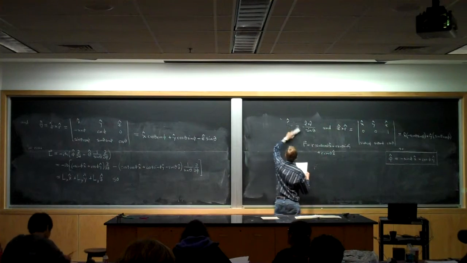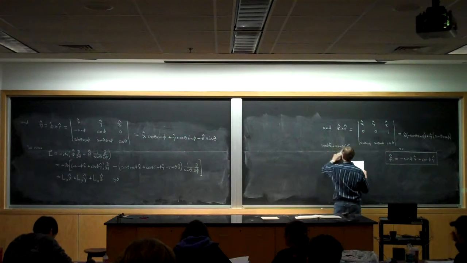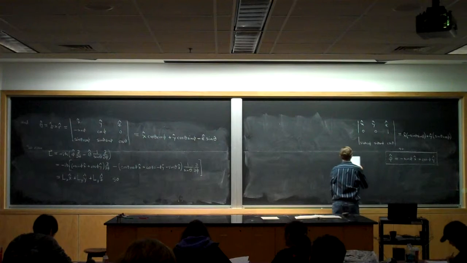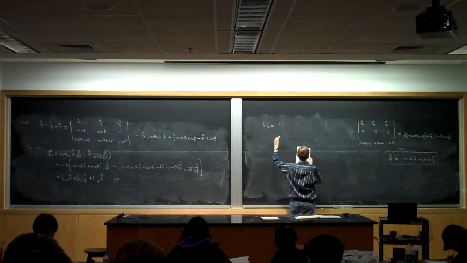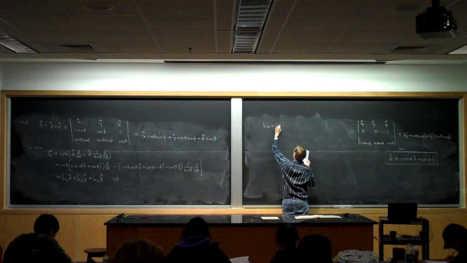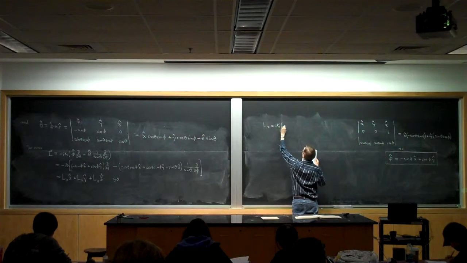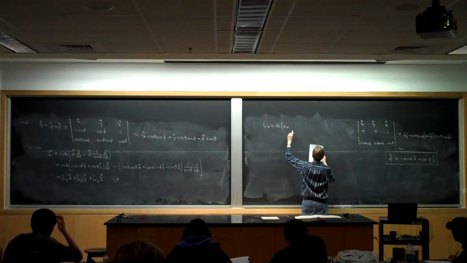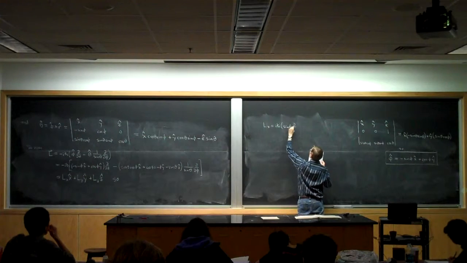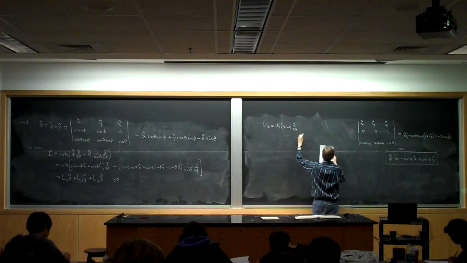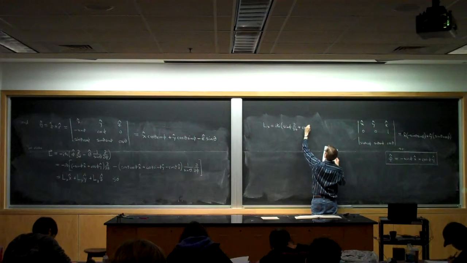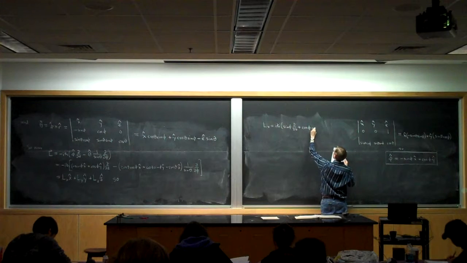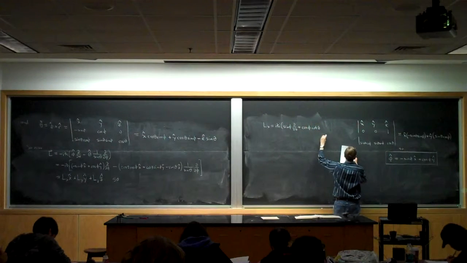When we do, we find that L sub x is equal to i h bar times sine phi partial with respect to theta plus cosine of phi cotangent of theta partial with respect to phi.